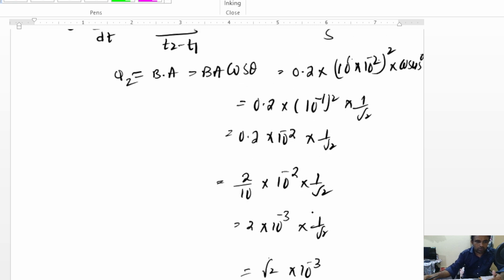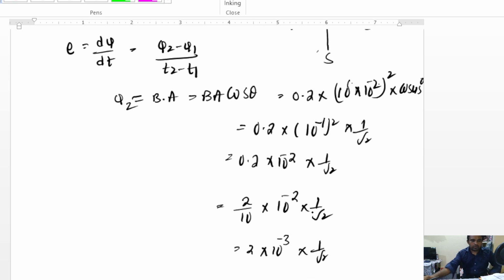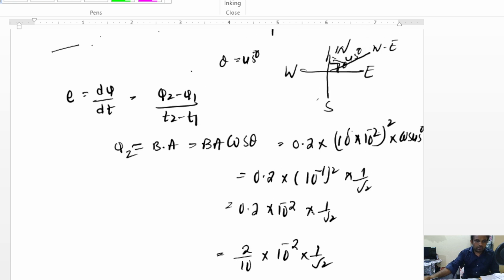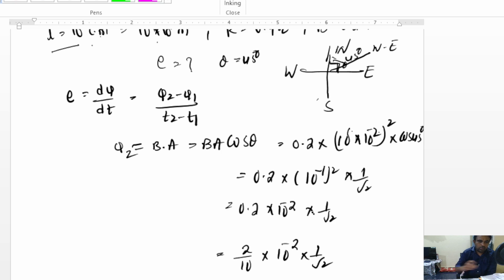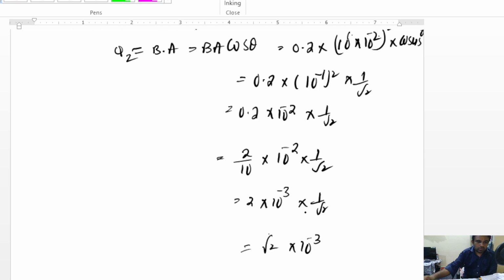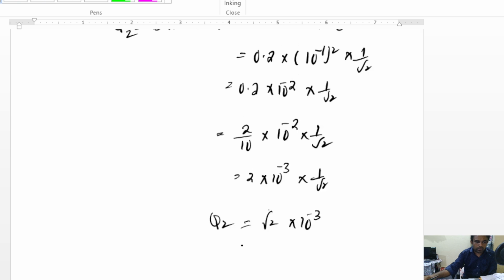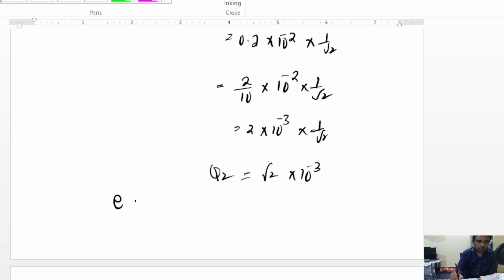Here we have to find phi 2. So phi 2 is final, we get phi 2. So now induced EMF E is equal to d phi by dt. d phi 2 means root 2 into 10 to the power of minus 3, by phi 1 is 0, by t2 means 1 minus t1 is 0.